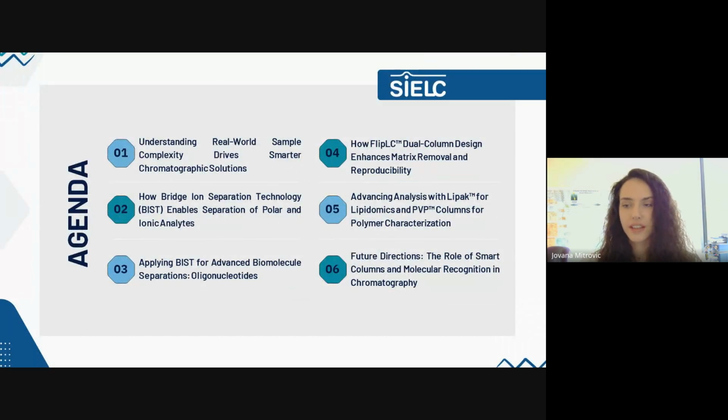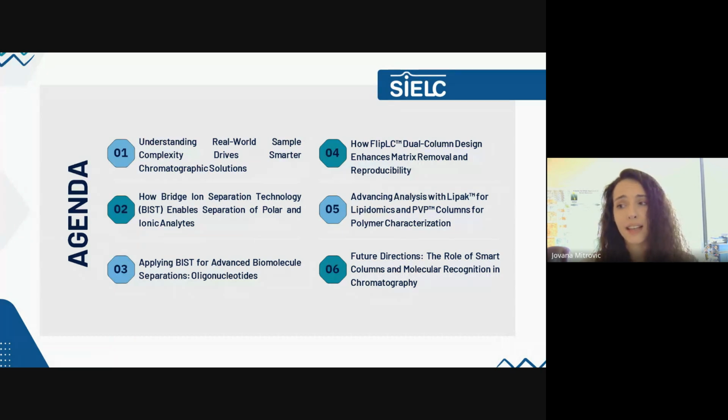Here is our agenda for today. We'll begin by looking at the complexity of real-world samples and why traditional chromatography sometimes falls short. Then we'll introduce BIST, bridge ion separation technology, as a novel solution for polar and ionic compounds.